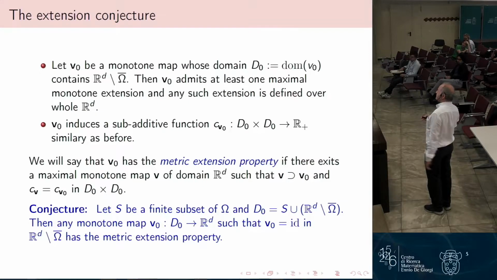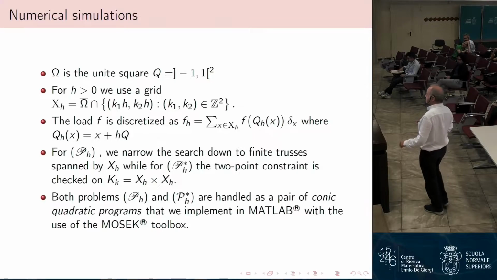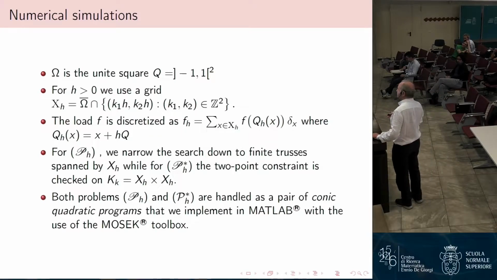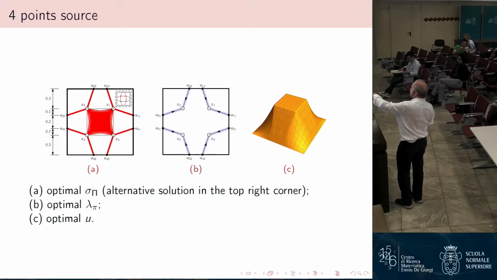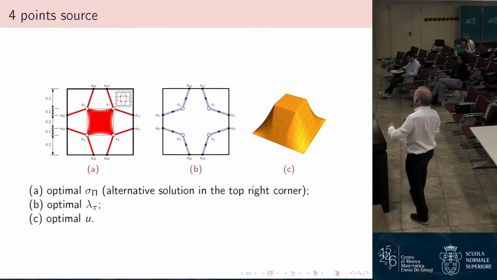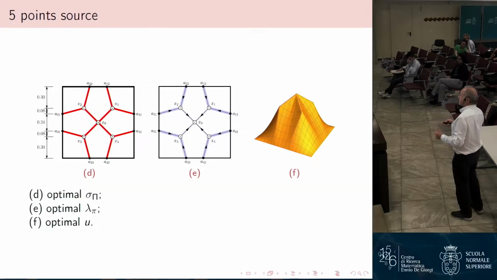Then you have numerical simulation using a mosaic toolbox, and also we compare to the finite element method. So here you have in red the optimal sigma, in blue the optimal flux with the direction, and here the optimal u. Okay, 5 points.